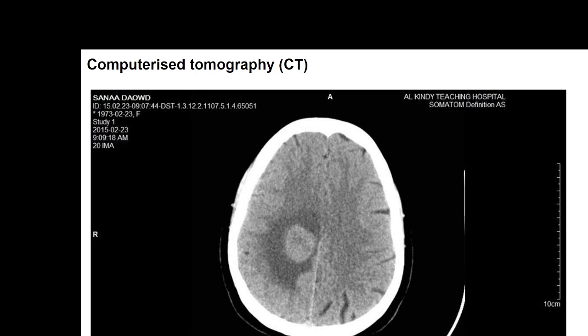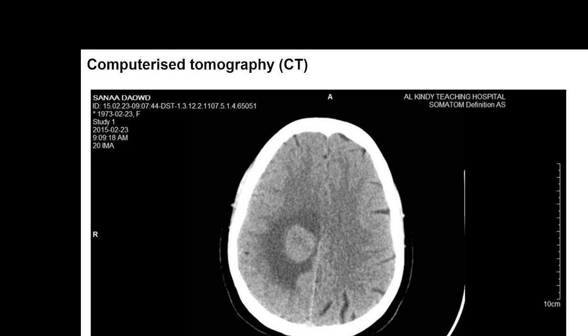Till the CT scan evolved, having an imaging study of the brain was virtually not possible. With plain X-ray you will not have an image of the brain, and with ultrasonography, reaching the brain was not possible at that time.